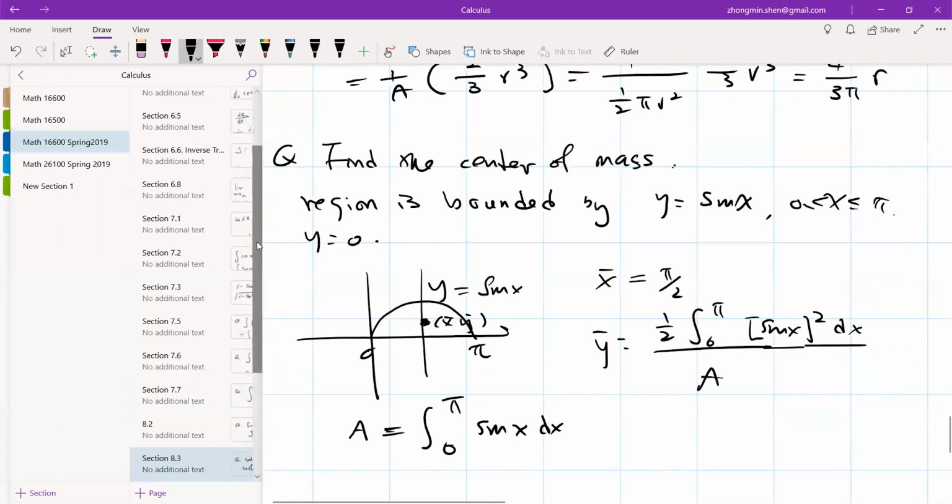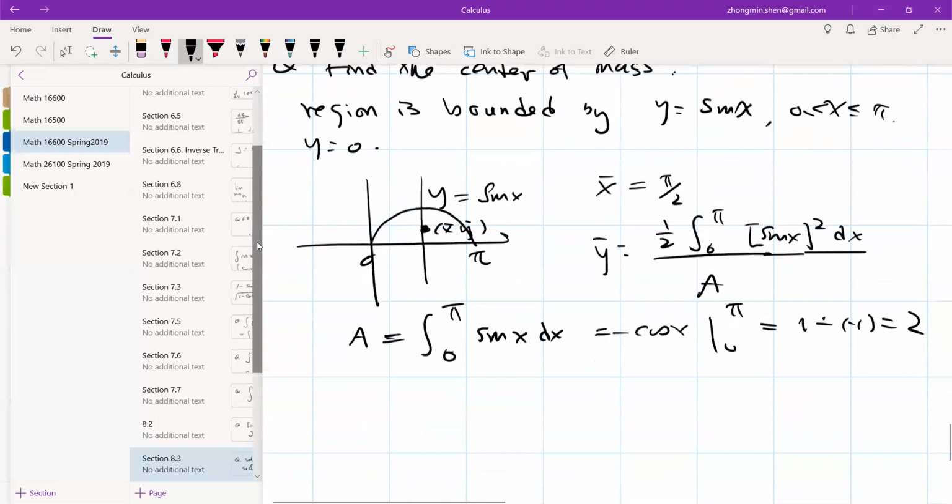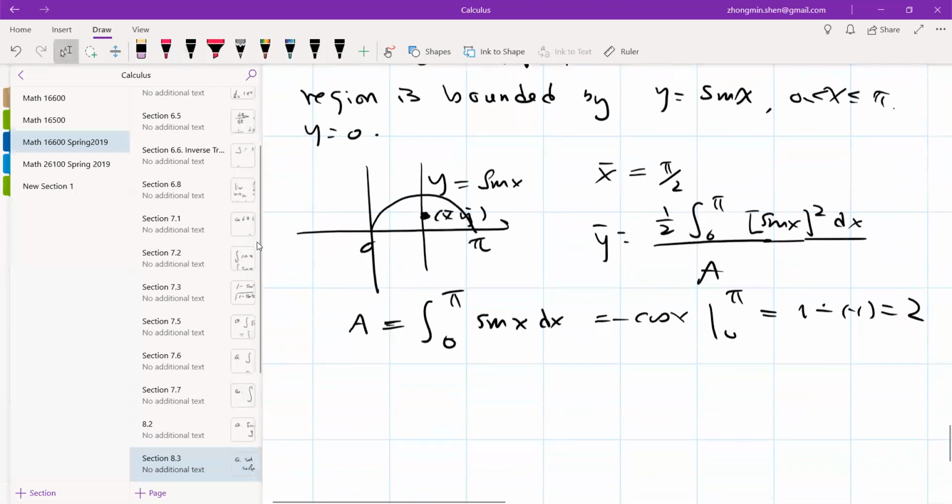This is going to be 2. Okay. So it's going to be negative cosine x from 0 to pi, which is going to be 1 minus negative 1, which is going to be 2. Okay? So the area of this region is going to be 2. All you have to do is to evaluate the integral on the top. Right? So let's evaluate this integral.